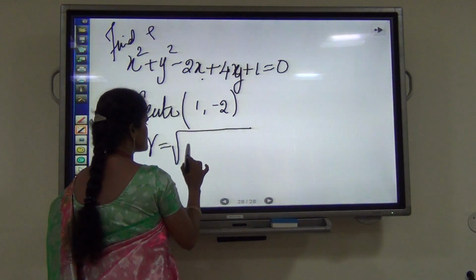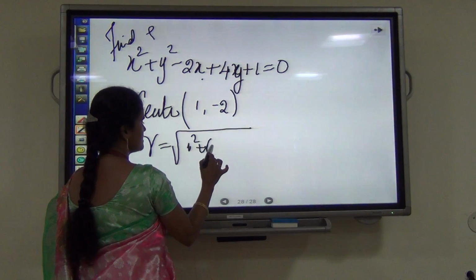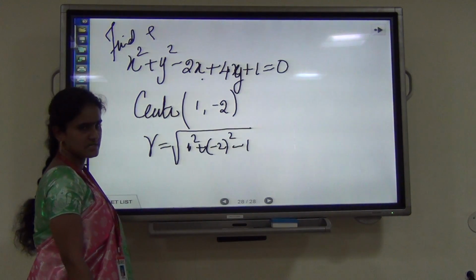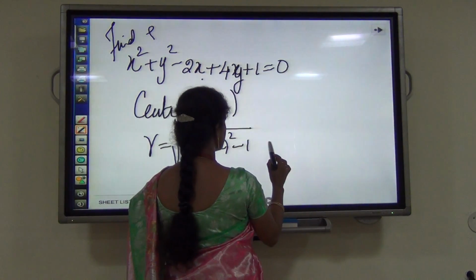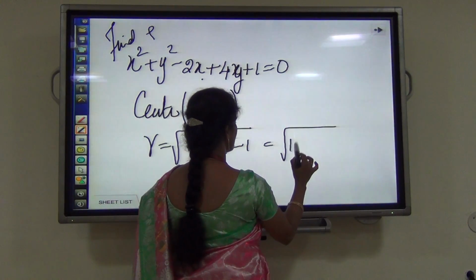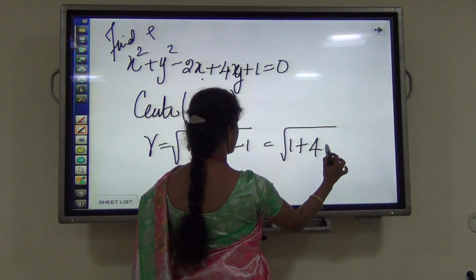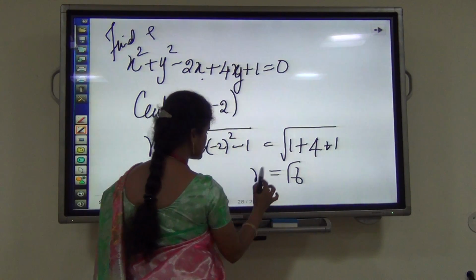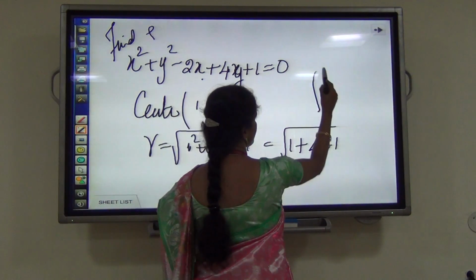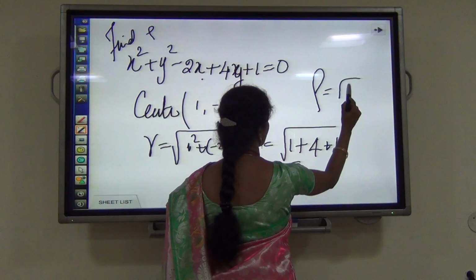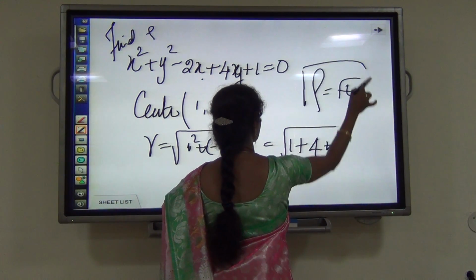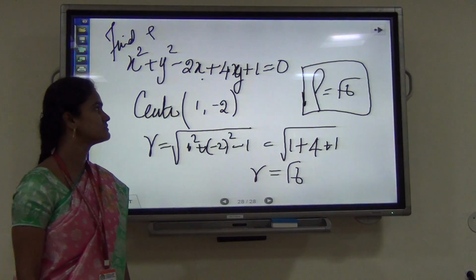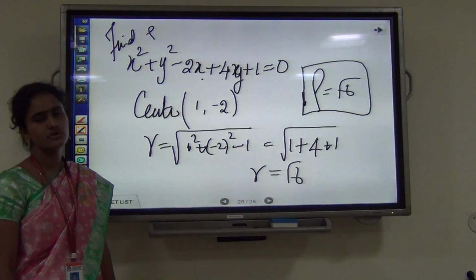Root of 1 square plus minus 2 square minus constant, that is minus 1, which is equal to root of 1 plus 4 minus 1, so the radius of the circle is root 6. Therefore the radius of curvature is also root 6. Since r is root 6, rho is also root 6.